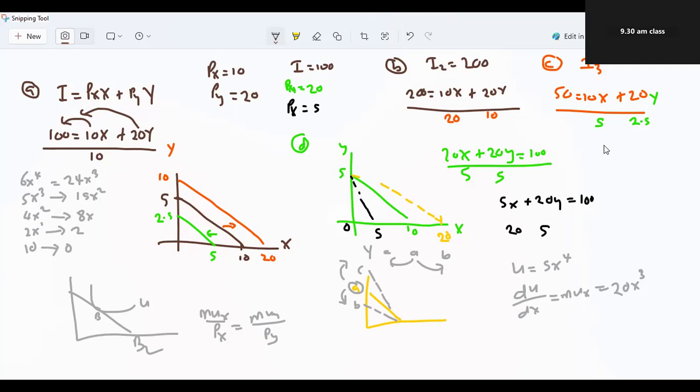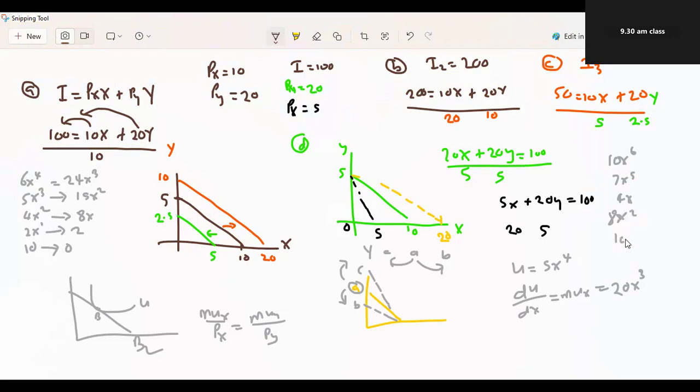Let's do more differentiation together. 10x^6, 7x^5, 4x, 8x^2, and 100.